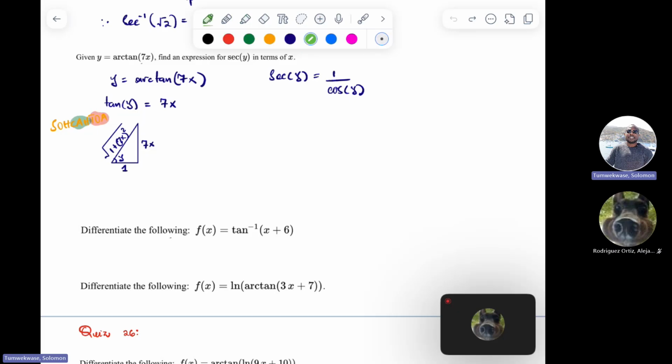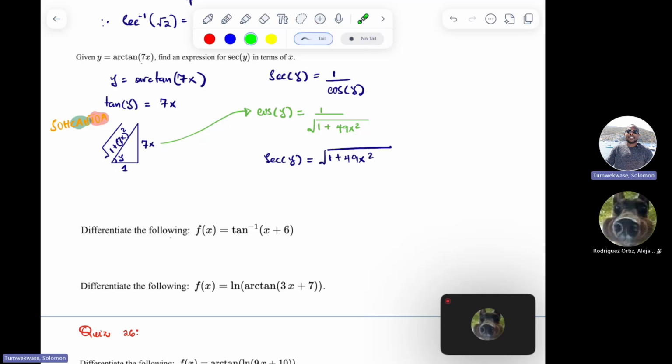So cosine of y from this triangle is the adjacent, which is 1, over the hypotenuse, which is 1 plus 7x squared, that is 49x squared, and the whole of it under a square root. And therefore, my secant of y is equal to 1 over the whole of this answer, which is just the square root of 1 plus 49x squared.